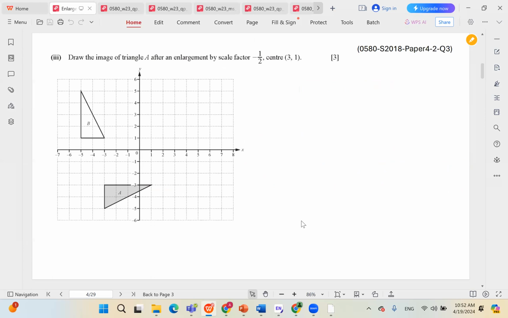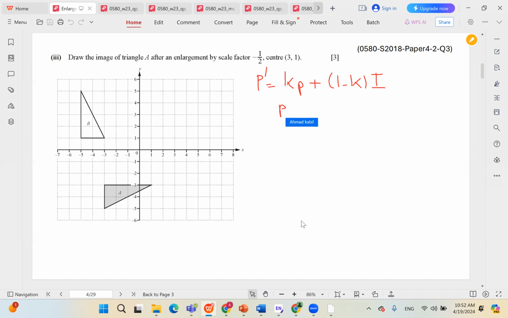Draw the image of triangle A after an enlargement by scale factor -½ center 3, 1. So we remember the equation for enlargement. P dash equals KP plus 1 minus K times I. For simplicity, we're going to create our table.